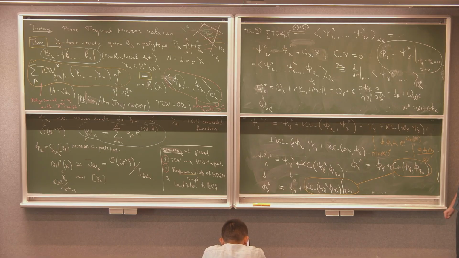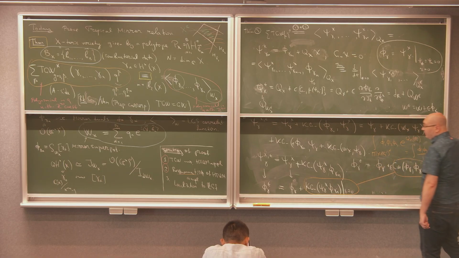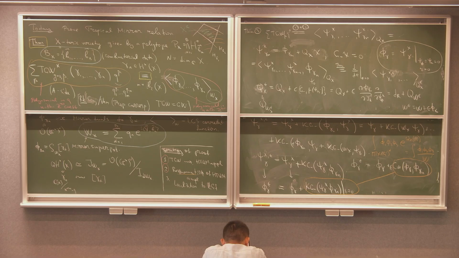That not only do we have recursion, but the deformation of states at each stage of the recursion is given by a contact term style formula for a certain good section.